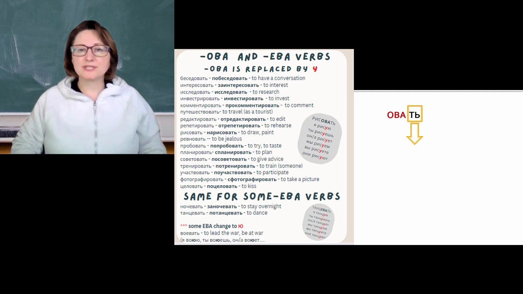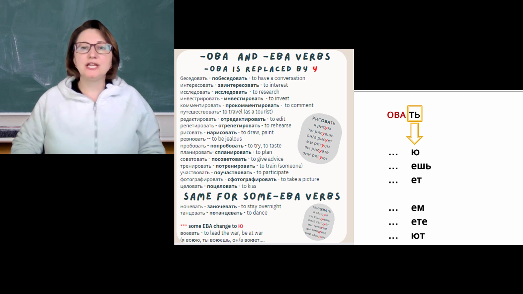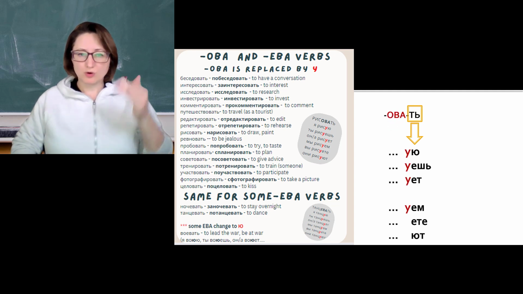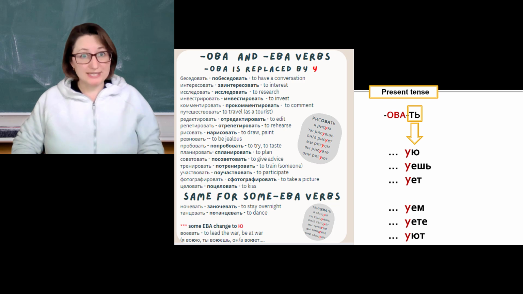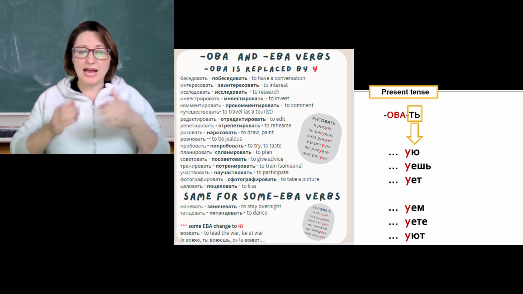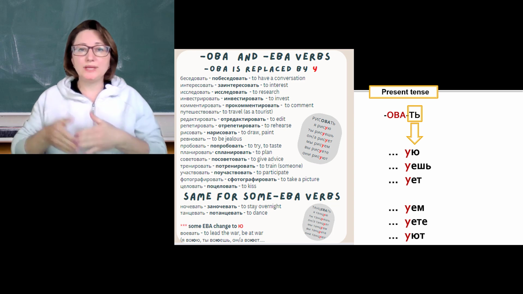The soft sign will change exactly like it changed before with the regular conjugation, but then ova and Yeva are gonna disappear and are gonna be replaced by u for all of these forms. And this is the conjugation for the present tense. So for the present tense, whenever we say something like I am doing it or I do that, you have to think about these steps.